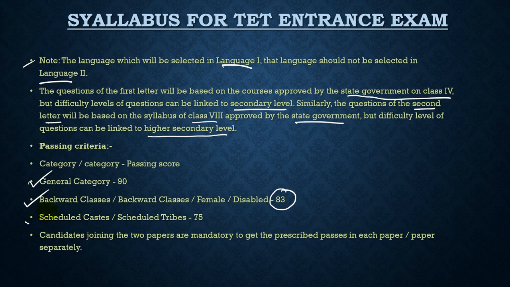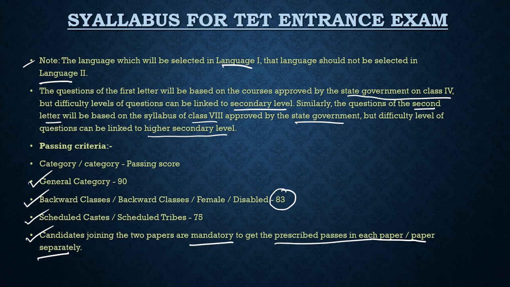And for scheduled castes and scheduled tribes, the passing mark is 75. Candidates appearing in the two papers are required to get the prescribed passing marks in each paper separately.